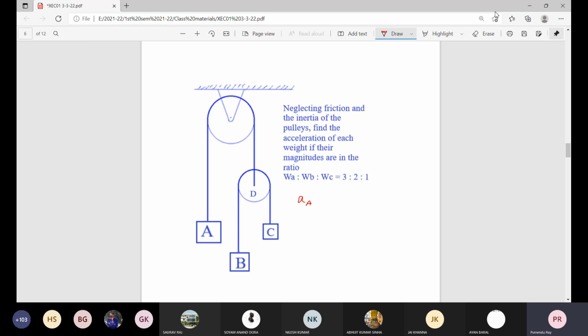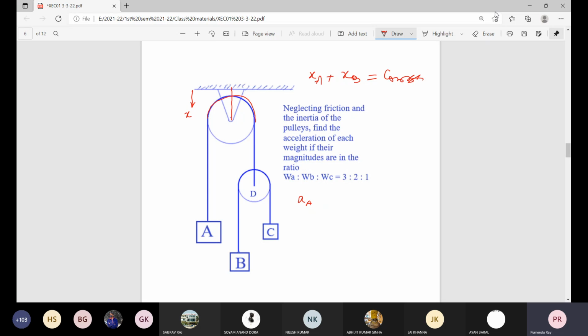As this total length is concerned, from the location X, x_A plus x_D is constant, of course including this lap length there also, minus this straight line distance from the ceiling to the center of this pulley.